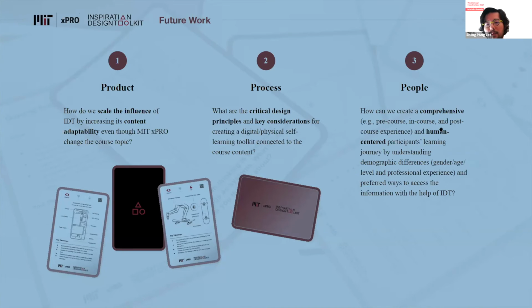For the people side, how can we create a comprehensive pre-course, in-course, and post-course experience and a human-centered participant learning journey by understanding demographic differences? It's more inclusive, right? We have to think about gender, age, level of professional experience, and preferred way to access information with the help of this toolkit.